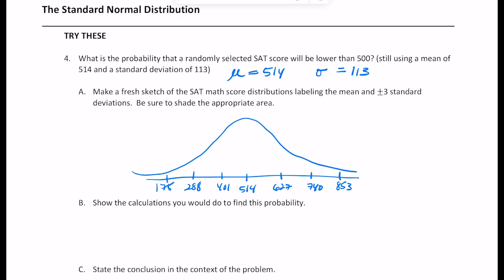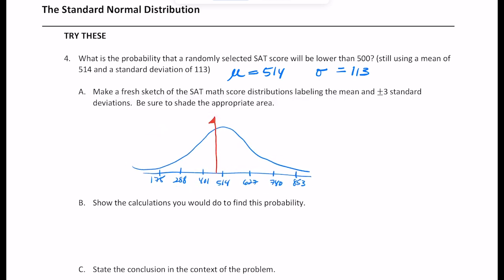Okay, so this time I'm looking for what percentage of scores will be lower than 500. All right, so again, 500 is not on our graph. So we can't use the empirical rule.